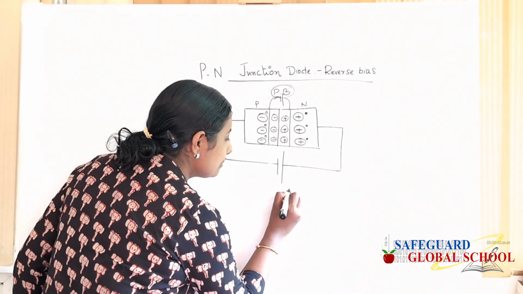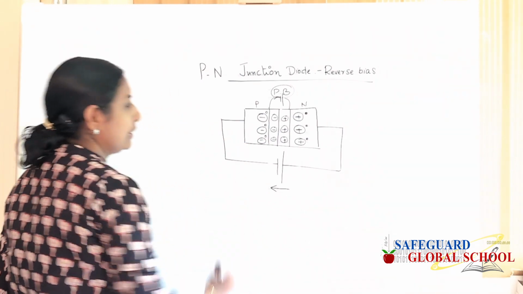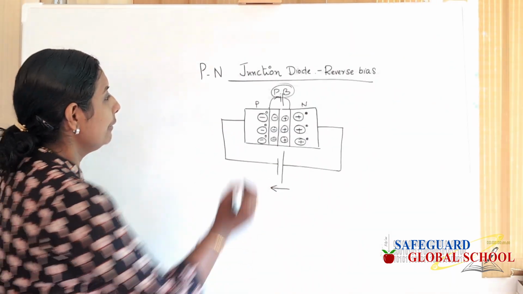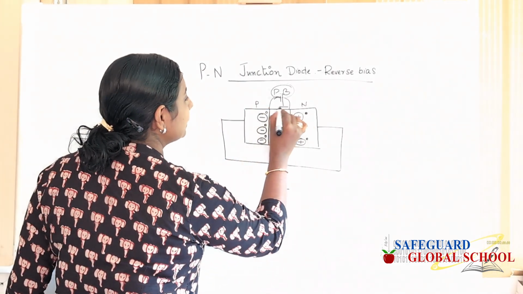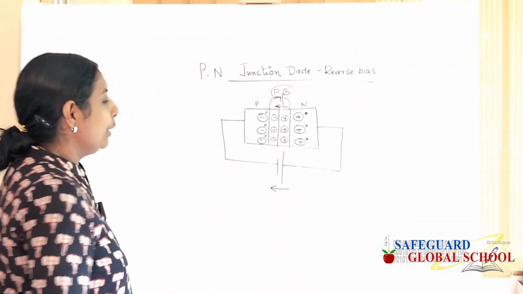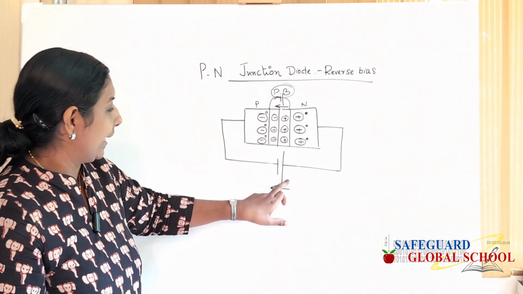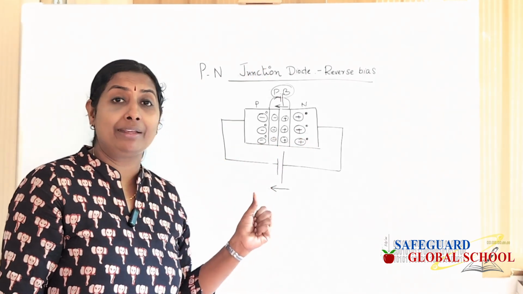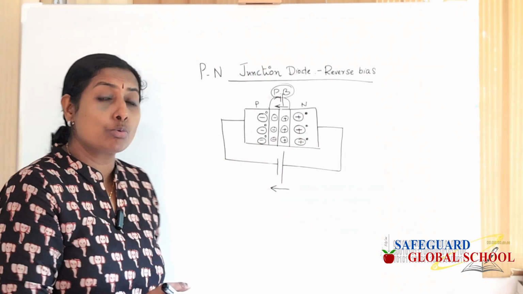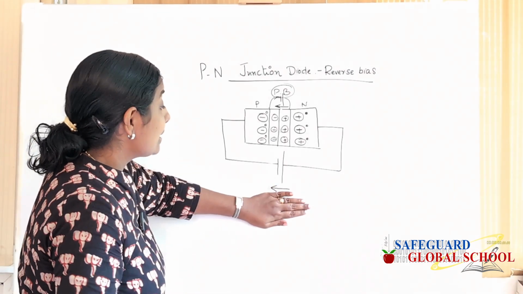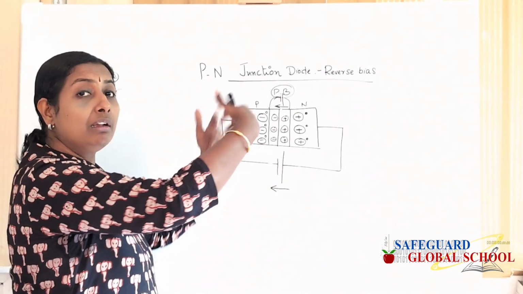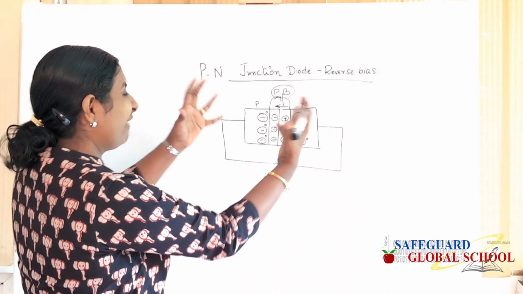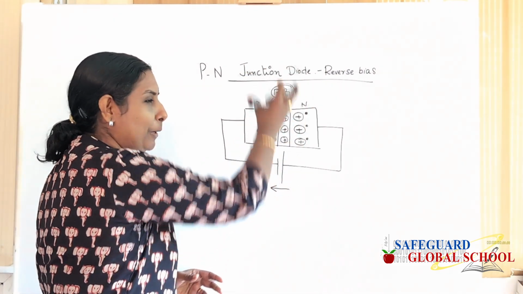So this battery is having an electric field in this direction from positive to negative, and here it is like this. Look, both the electric field of this external battery and the virtual battery across this potential barrier, they are acting in the same sense. What does it mean? Actually, this external battery is aiding, it is adding to the power of the virtual battery in the depletion region.